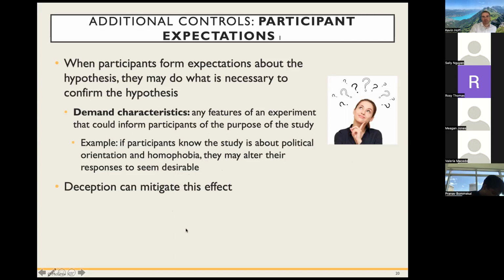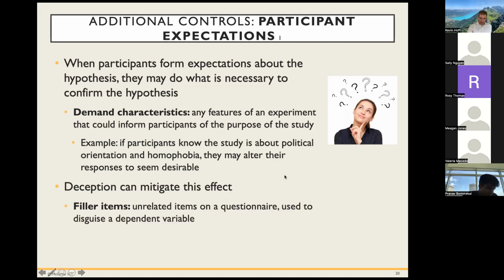So deception is the main way to mitigate these participant expectations. Mitigate just means prevent participant expectations from altering the study in some way that we don't want. One way of using deception is what's called filler items. If I was setting up a study about political orientation and homophobia, and that was the only thing I put on the survey, most participants would probably know what the survey was about in a general sense.